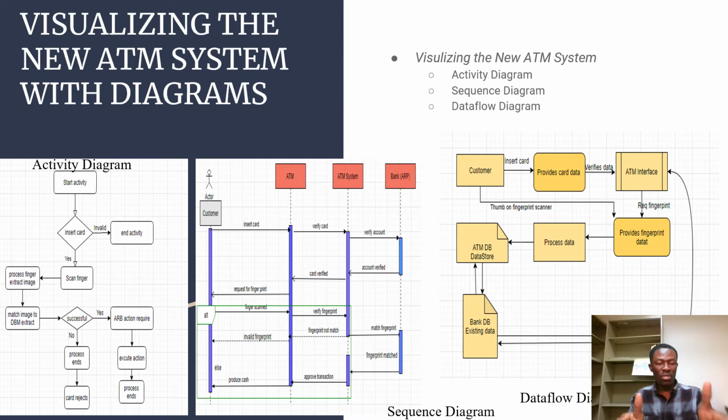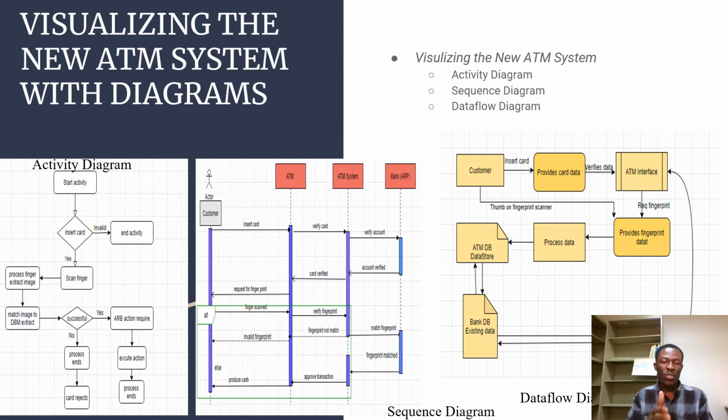If it doesn't show successful, the process ends and then the card is ejected. But once it moves into the bank, the bank takes action on it, and then the process allows the customer to continue and then access their money.